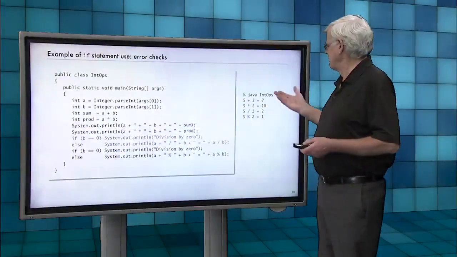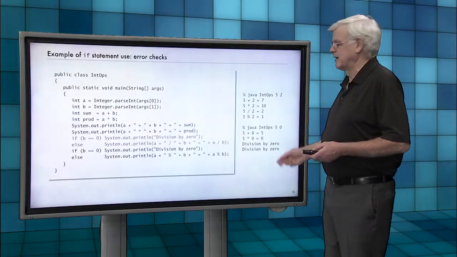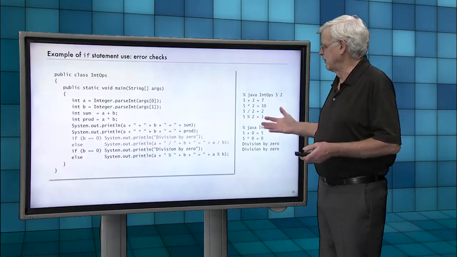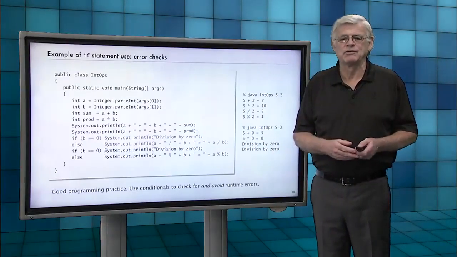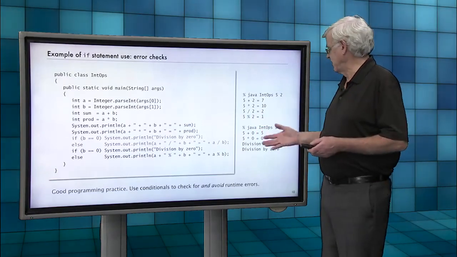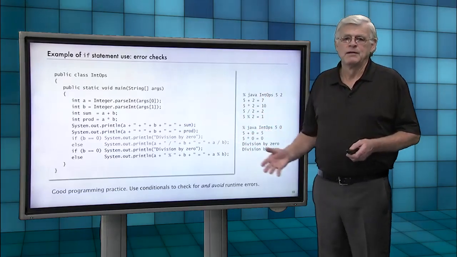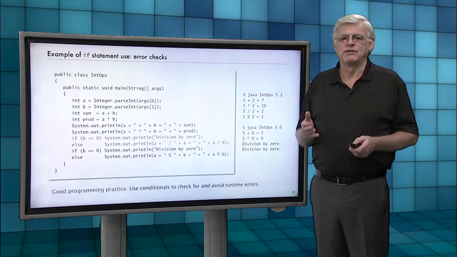That's a much more robust program. So this is what we got before. If we do it with 0, we get division by 0, and we maintain control of the computation. It's a good programming practice to use conditionals to check for and avoid runtime errors, and that's a good example of it. So that's a quick introduction to the if statement.